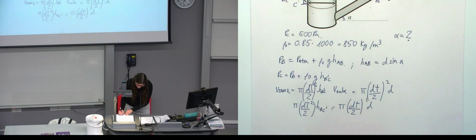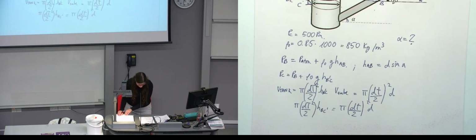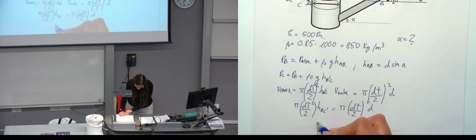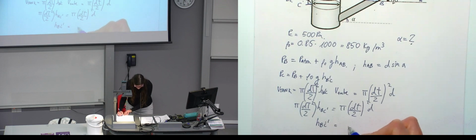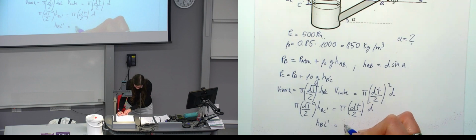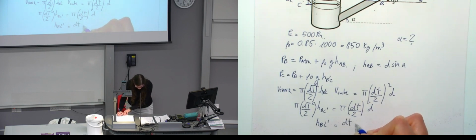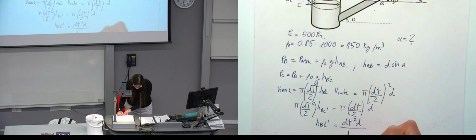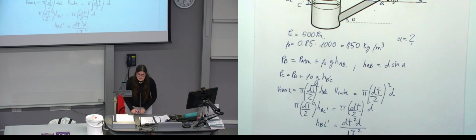So HBC is dt squared by d divided by capital D squared.